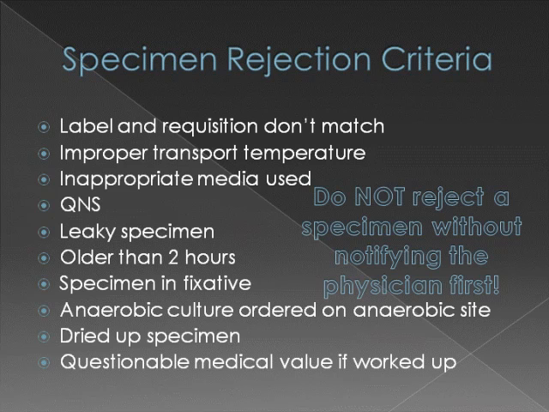If an inappropriate media was used, such as an aspirate that was collected and put into an aerobic media, it would be unacceptable for an anaerobic type culture. If there's not enough specimen, you would note quantity not sufficient. We need to obtain more specimen in order to get accurate results. If the specimen was leaking, this is very common with urine specimens. If the cover wasn't on all the way, then half the urine leaks out into the bag.